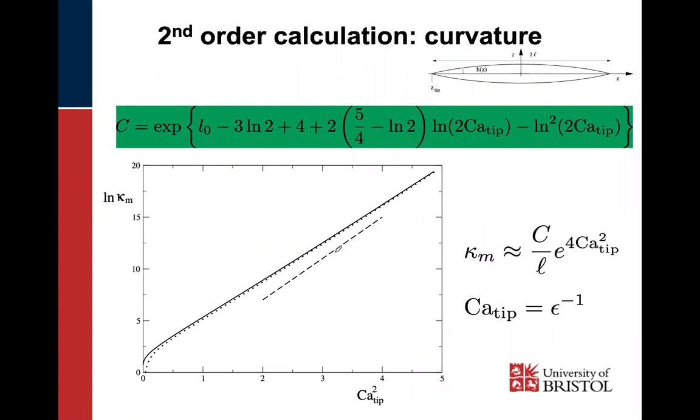Okay, so first of all, this is the result I had before. This is the dashed line here. But since I have the correct amplitude, the dotted line is a comparison with the full numerics without adjustable parameters. So the dotted line and the solid line better agree, and they do pretty well. And the reason that it looked like the slope wasn't exactly right is that the prefactor depends very slowly, logarithmically, on the capillary number itself.